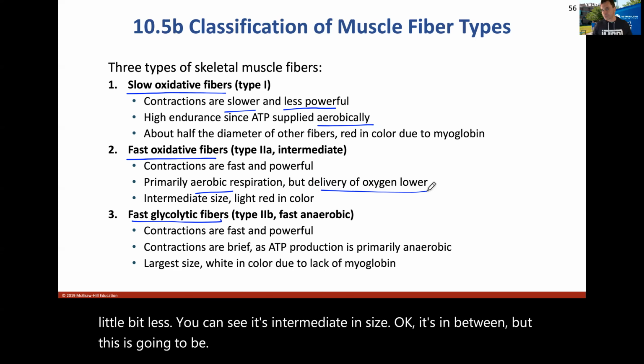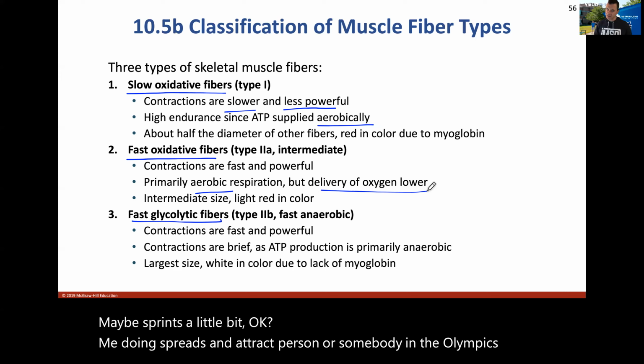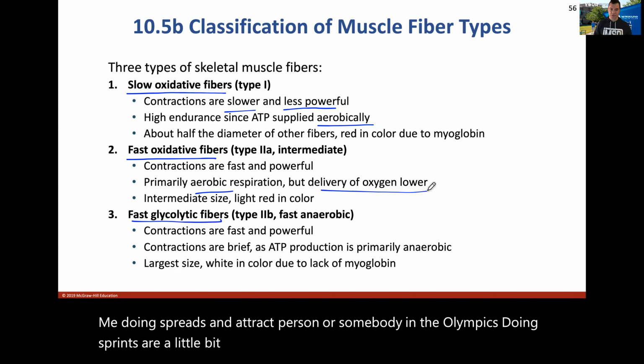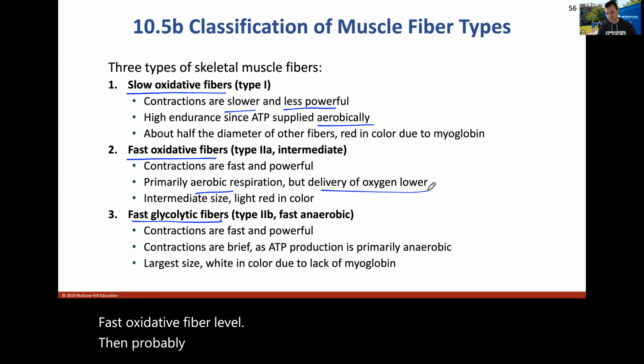But this is going to be somebody who walks a lot. This is going to be somebody who maybe sprints a little bit. Me doing sprints and a track person or somebody in the Olympics doing sprints are a little bit different. So I'm going to be more on this fast oxidative fiber level than probably the fast glycolytic fibers.